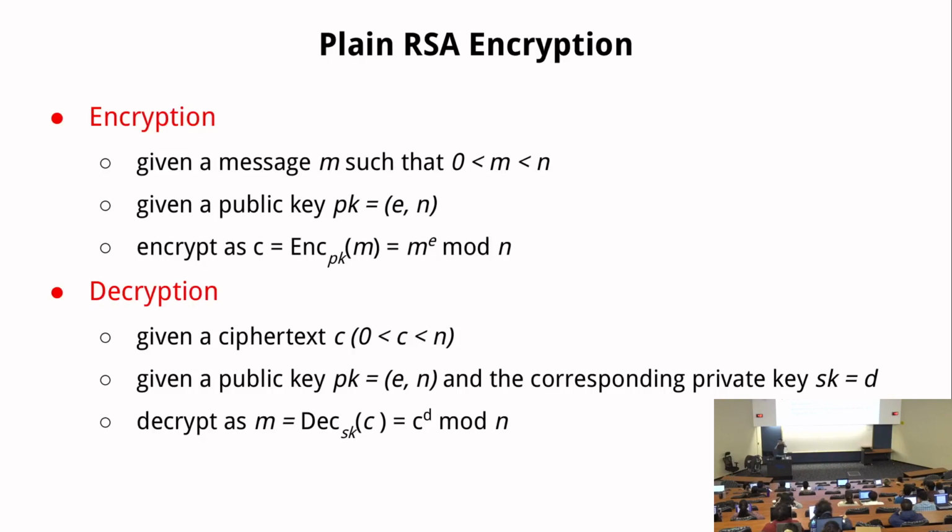Then just mod N. That will be the encryption of M. It's just like one block. So one block of message can be represented as a mathematical number M, smaller than N. Then to encrypt that block, we just compute M to the power of E mod N.